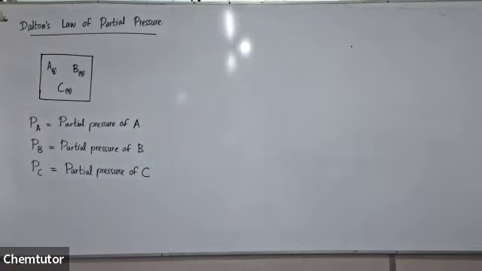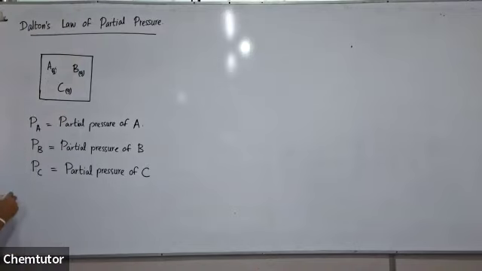So we have the partial pressure of A, partial pressure of B, and partial pressure of C. Got it? Those are the three pressures exerted by the A, B, and C gas molecules on the walls of the container. So the total pressure inside the system will be the sum of these three. Is it clear?